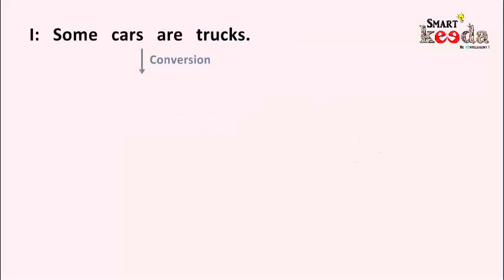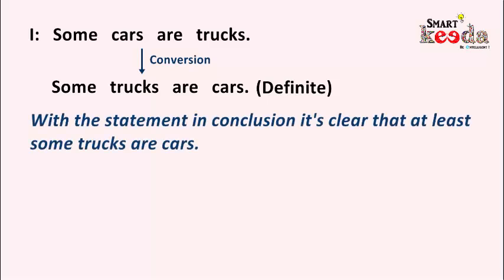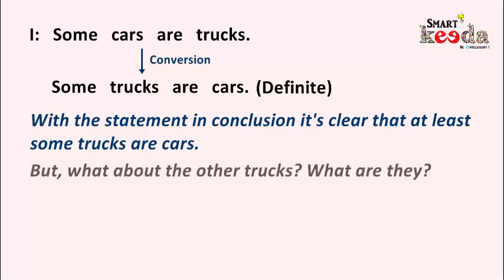Now let's take the converse of the initial statement, and the converse will be some trucks are cars, which is a definite conclusion. Now we can apply the same logic here and can derive possibilities as we did out of the original statement. Now with the statement in conclusion, it's clear that at least some trucks are cars. But what about the other trucks? What are they?